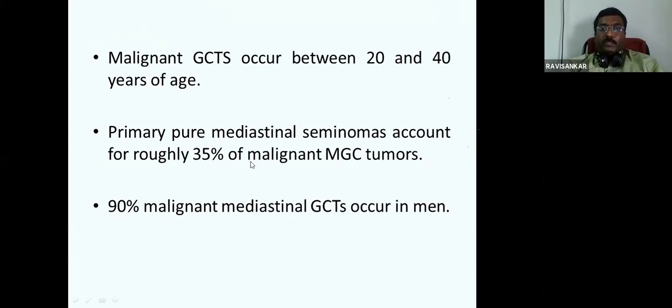Primary pure mediastinal seminomas have a 35% incidence. 90% of malignant mediastinal germ cell tumors occur in men. Remember that teratoma does not have a gender predilection, but the malignant mediastinal germ cell tumors do.